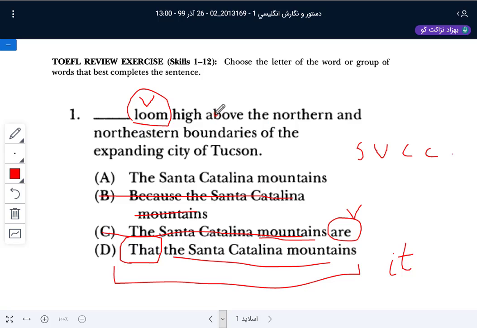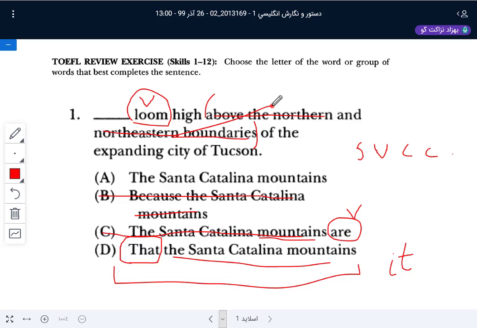If you continue, above the north, this is a prepositional phrase. And this is a coordinate conjunction, and northeastern. So far we have a prepositional phrase, boundaries, and this is the object of the preposition. A preposition plus the object of the preposition can be either an adjective or an adverb modifying a verb.